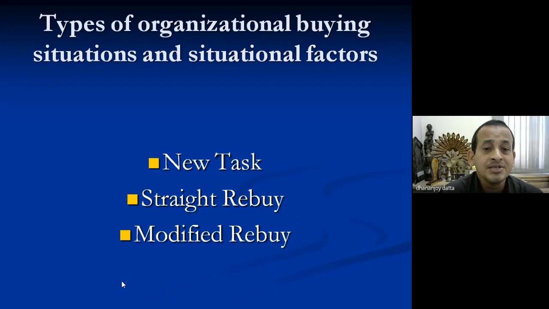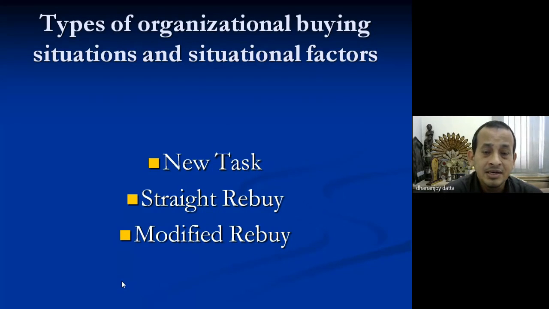So buying is essential for every organization. Based on the conditions existing in a firm, companies need to buy on a regular basis, and there are some conditional factors. Based on those conditional factors also, companies need to continue with the buying process.